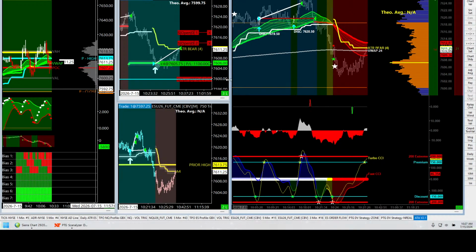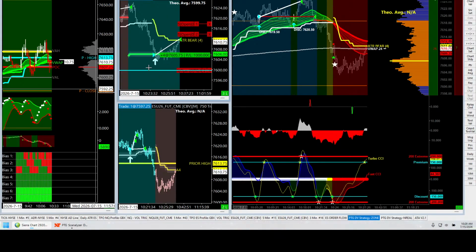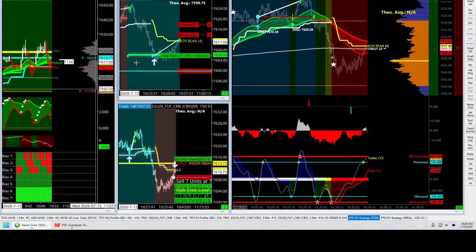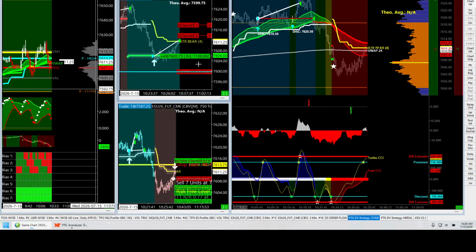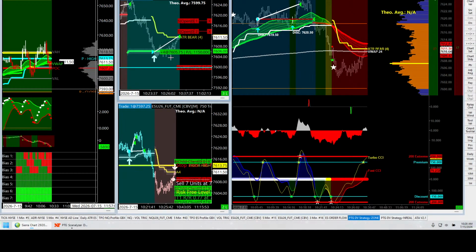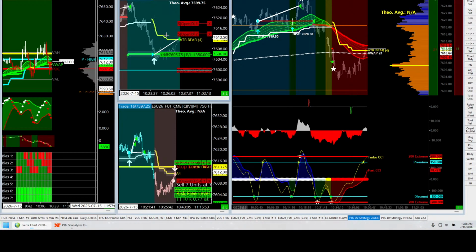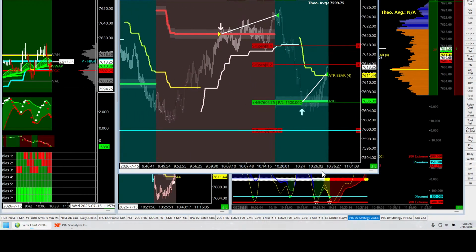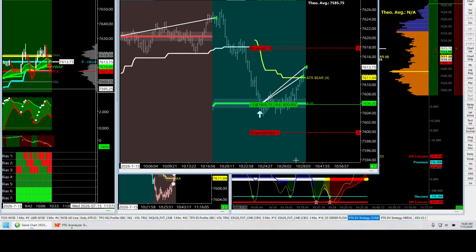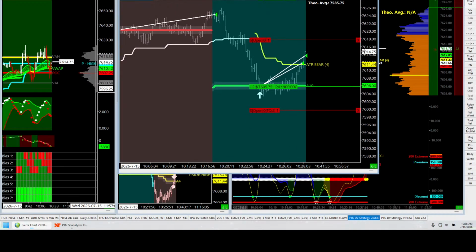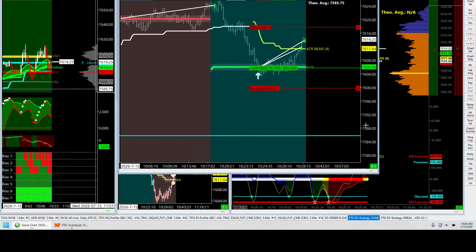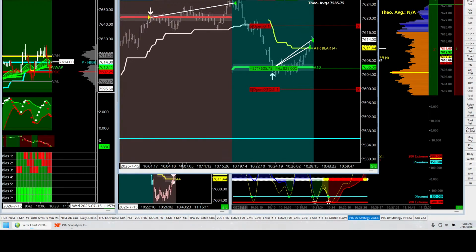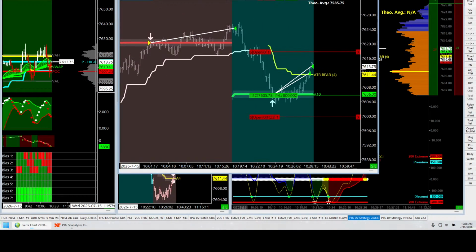Okay, we do have an A10 long here, as you can see, on that pullback down to the green zone, 76.05.75. We got first take profit out, and let me just highlight this. Let me zoom in. We got take profit 2 out there now, so 2 scales out. This is on the A10. As you can see, we got stopped out on the first one.